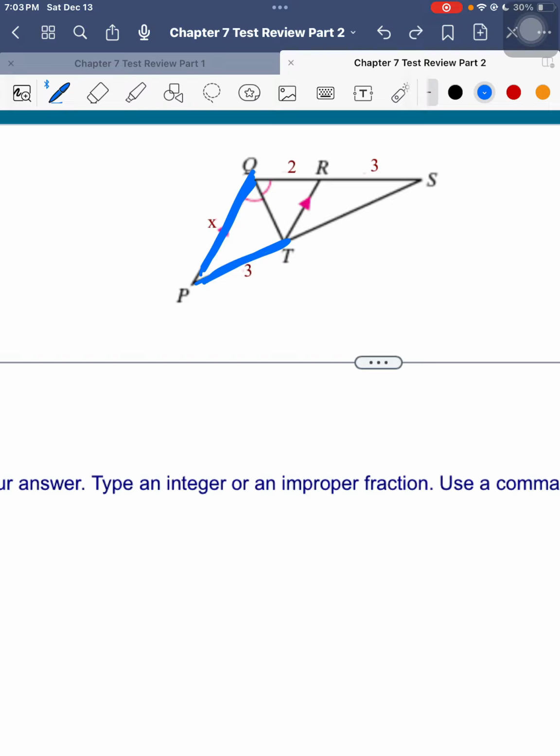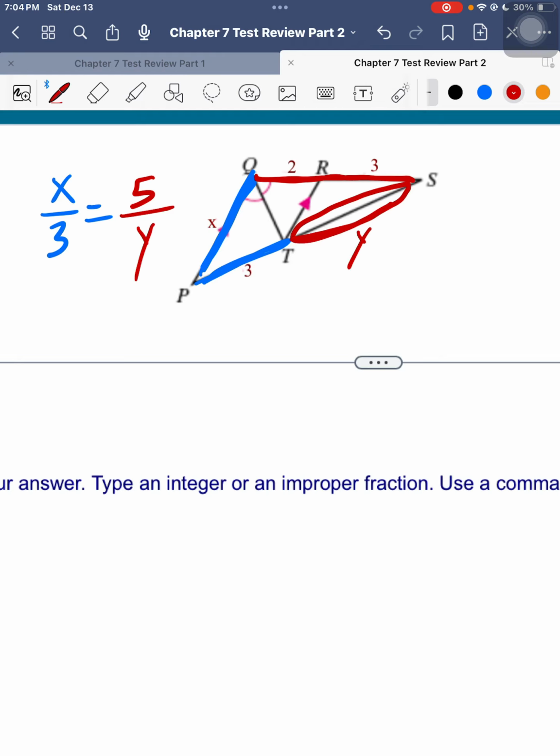So I have x over 3 is equal to 5 over, I don't have anything here, so let's call this y. So can I solve for x and y at the same time? No, I cannot. So I'm going to have to solve for y first before I can solve for x.